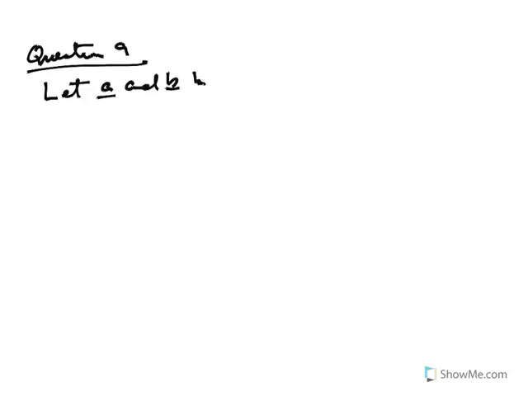So the last question is as follows. Question 9 says that let A and B be vectors in three-dimensional Euclidean space.